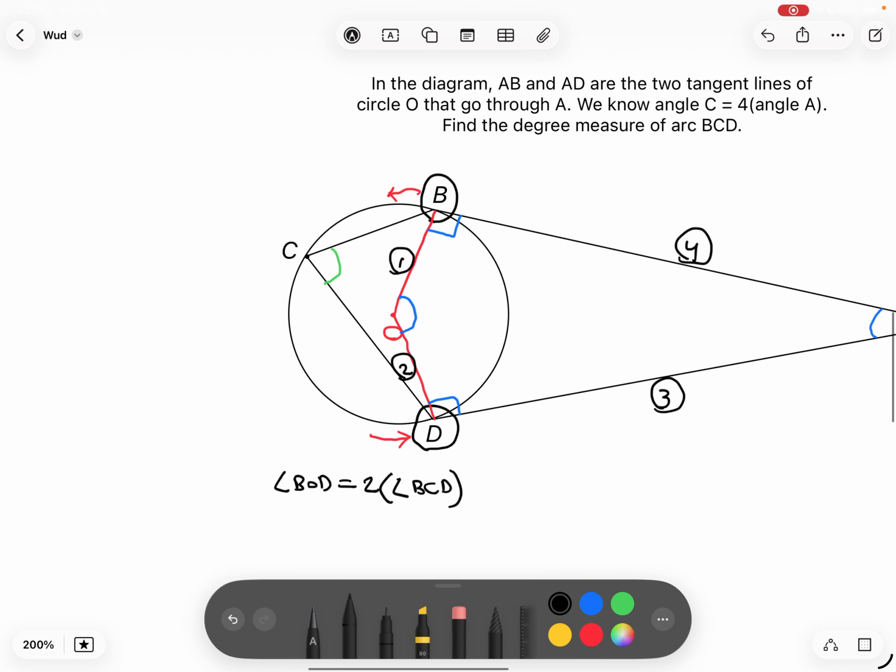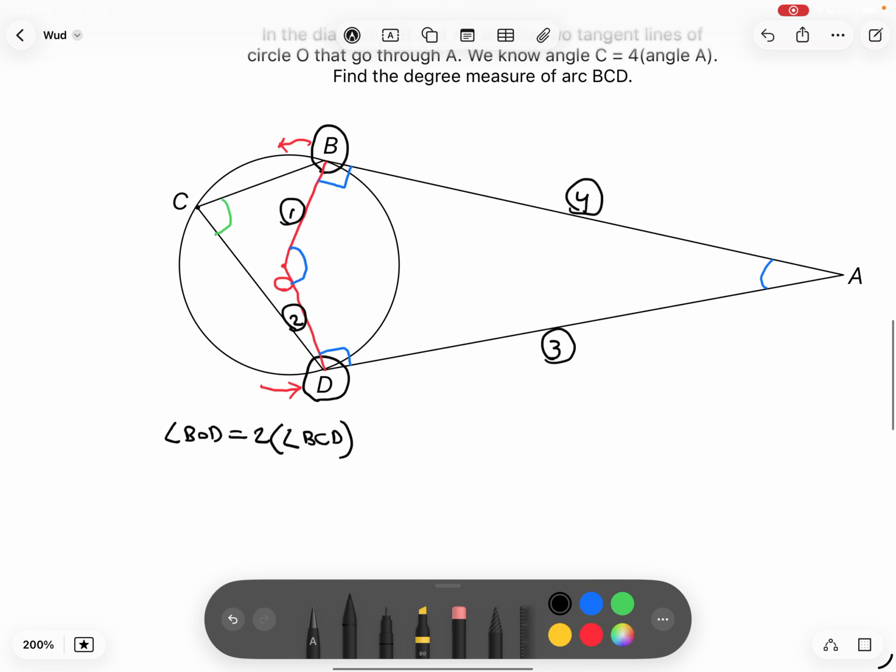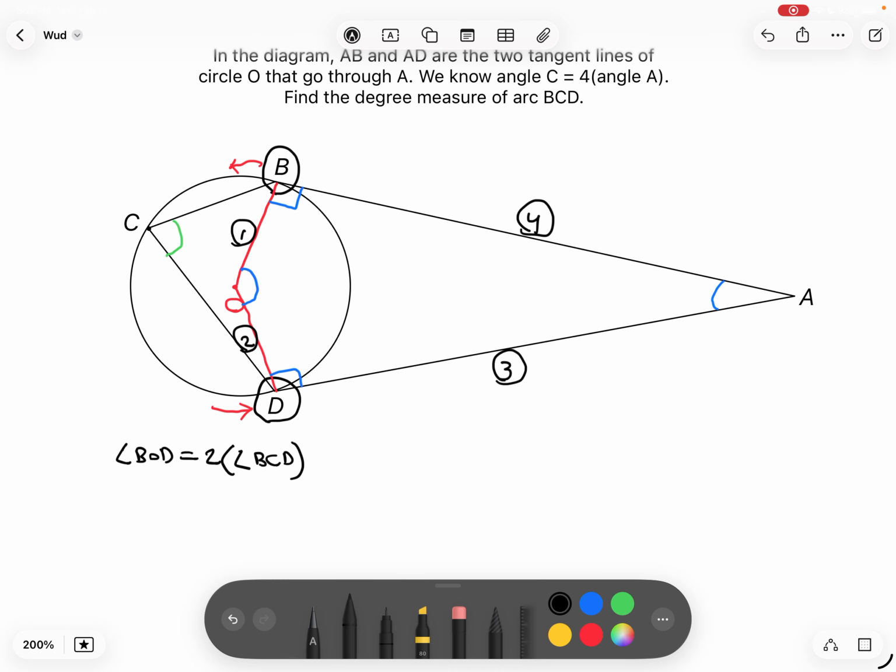They don't tell us any numbers here, but we can set up an equation with the variable x. Let's set x to be angle A, or BAD to be clear, because that's very crucial.